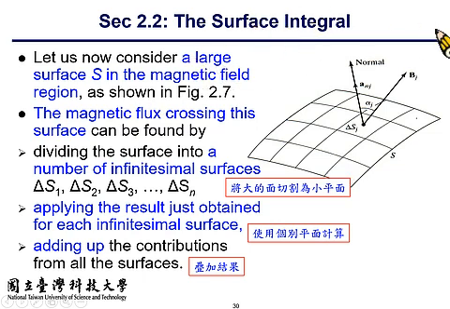So for the figure shown, you see a curved surface, and it has been divided into 16 smaller surfaces, and each surface may have a different orientation. That is, the normal direction of individual subsurfaces is not exactly the same.